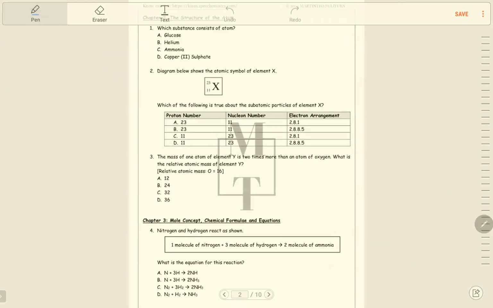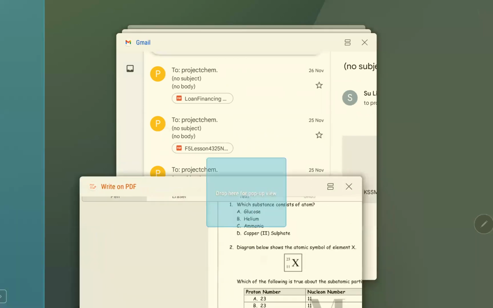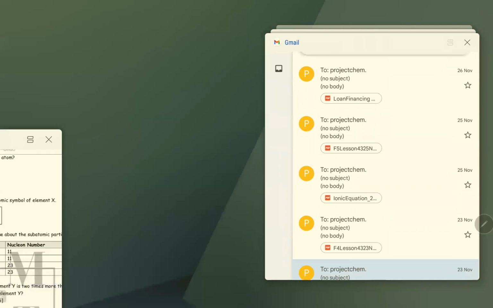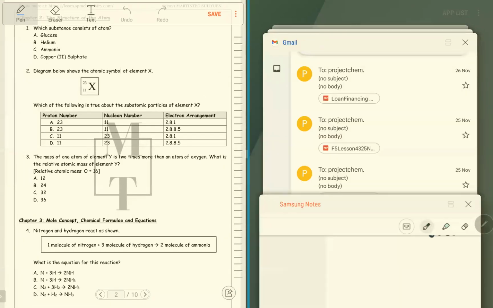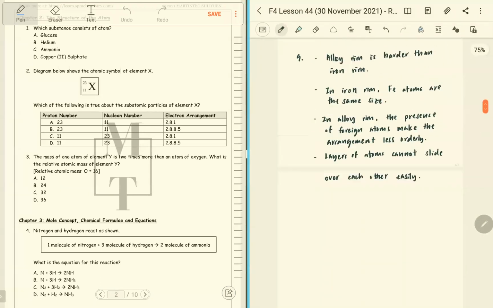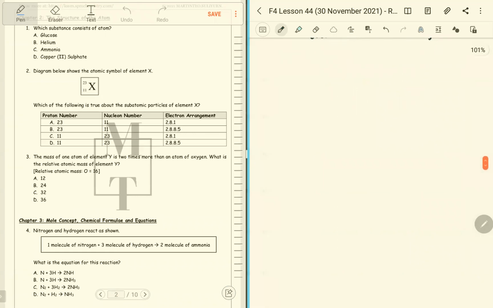I'll give you about 5 minutes to do this. The first page is usually the easiest. I'll give you just a few minutes and then I'll start discussing. I'll try to cover as many questions as possible today for this paper 1. If I cannot finish, I'll send the answers to the group. If you cannot solve the problem just with the answers, feel free to let me know.